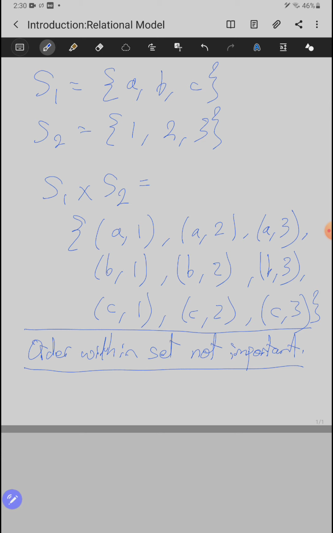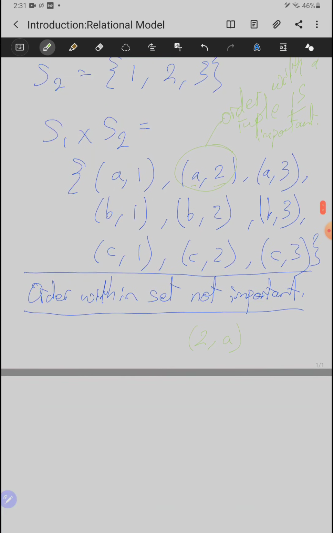However, order within a tuple is important. The tuple A2 is not the same as the tuple 2A.